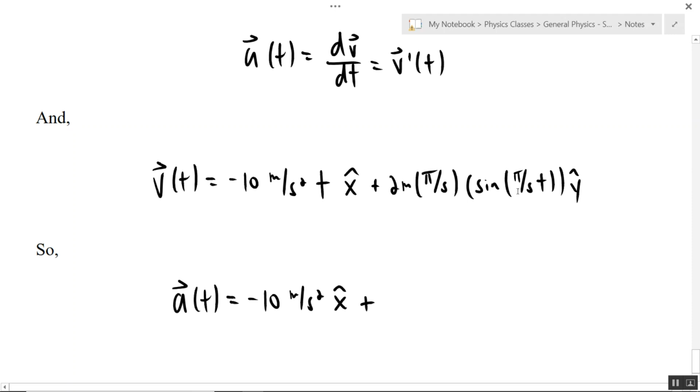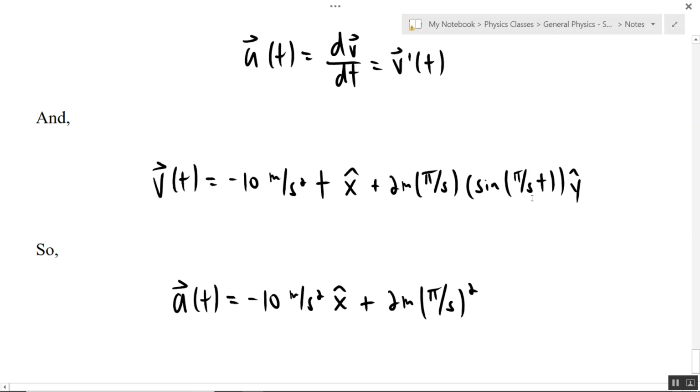All right, plus we have to take the derivative of this whole thing, the y part. Once again, you have to use the chain rule. So what's the derivative of pi per second times t with respect to t? Pi per second, right? So this becomes 2 pi per second squared, and then you take the derivative of sine.